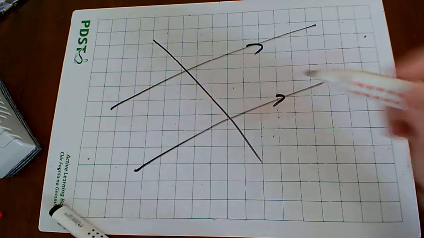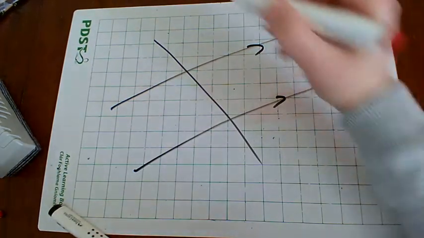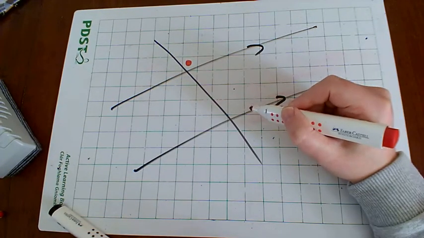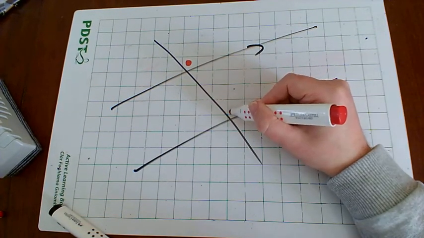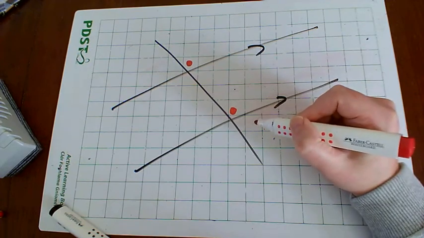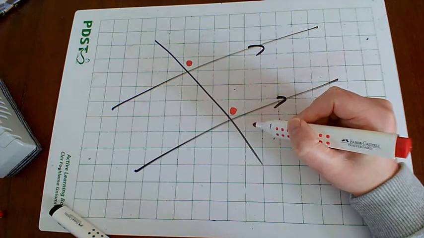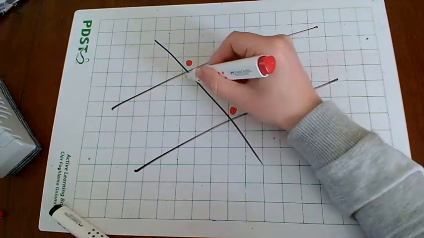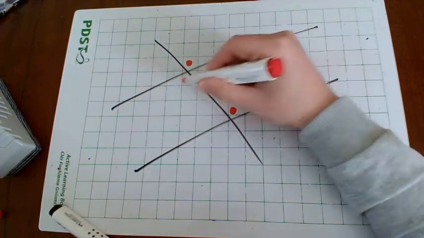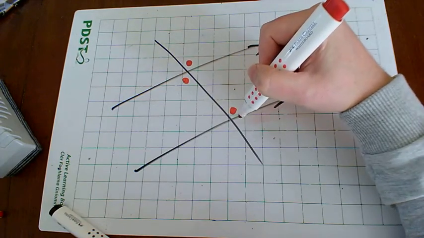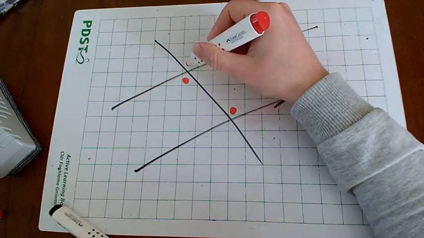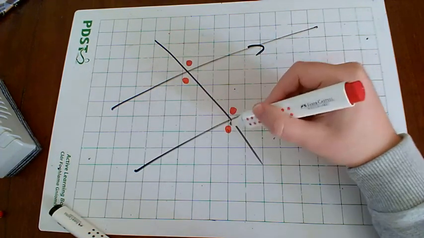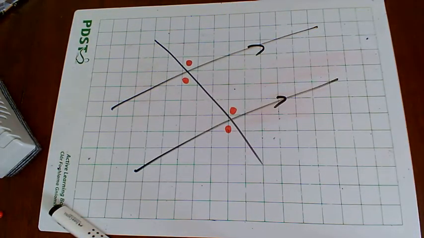So 8 angles, of which I'll only ever get 2 that are different. Because if I look and I do this one with a red dot, this angle is the same as the red dot because it's corresponding. There's that upside down F shape. This angle is the same as this angle because there's that alternate angle, the Z shape. This angle is the same as this angle because it's vertically opposite. So the same way this would be the same as this. So all those 4 dots are the same angle.